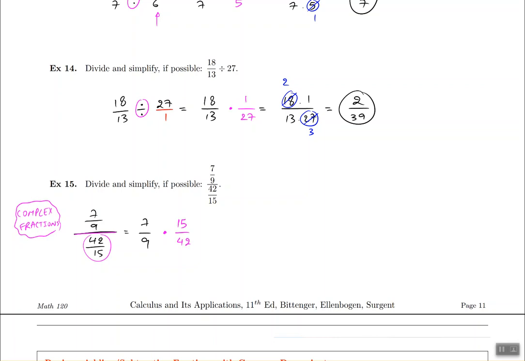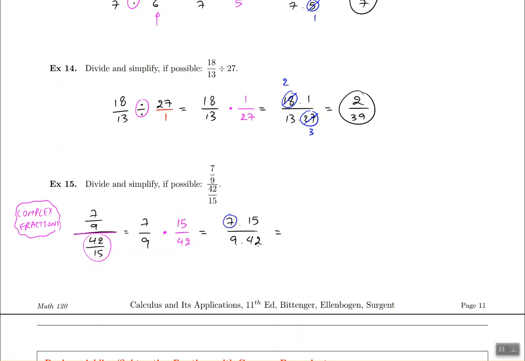So regardless of whether they're using the old notation, the division sign, or they're using the complex division notation, it does not matter what's written down. We always do the same thing. Leave the first fraction alone, multiply by the reciprocal or the inverse of the second one. So again, 7, 15, and then 9 and 42. So again, I'm going to try to divide the terms before I multiply.